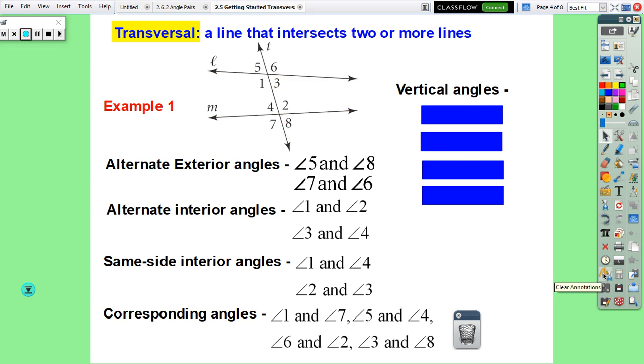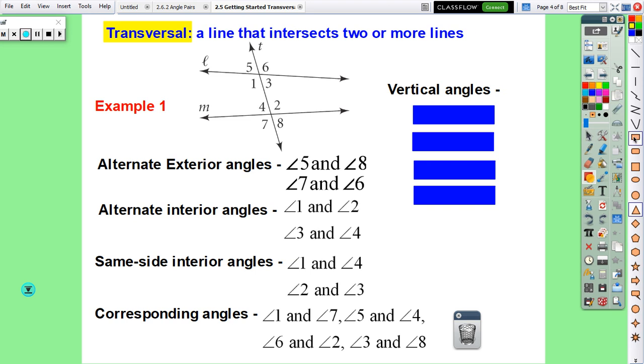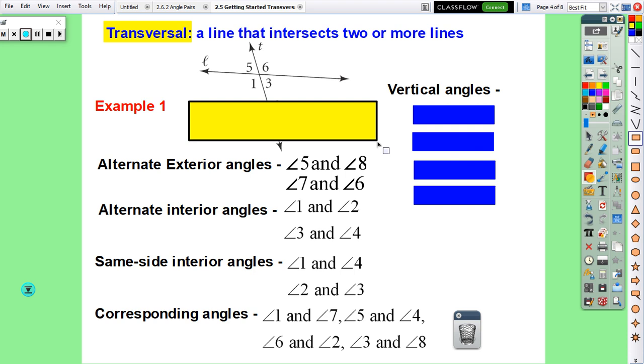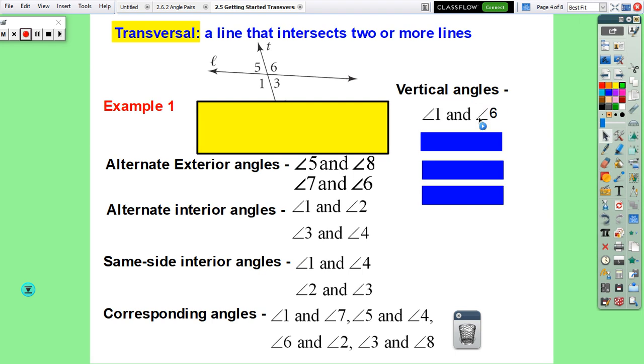All right, and then vertical angles we've talked about already, so it might help if you cover up this one. So if you just look at this top line with the transversal, our vertical angles would be 1 and 6 and 3 and 5.